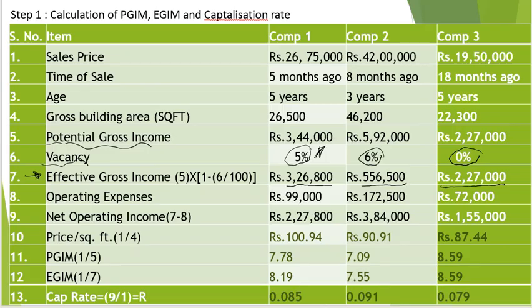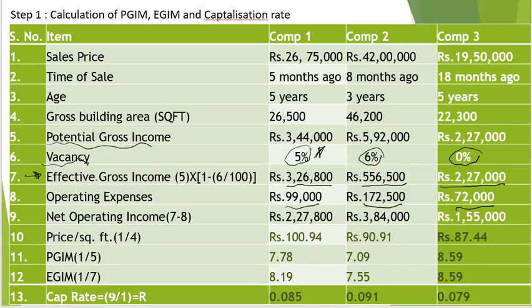Then operating expenses, for here it is 99,000, 1,72,500 and 72,000. So from the effective gross income you have to deduct operating expenses. Two things there: vacancy and operating expenses. From the potential income you deduct vacancy, you get effective gross income.